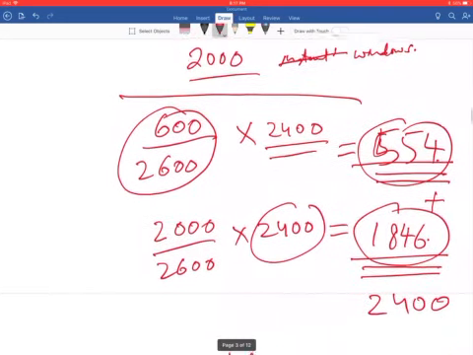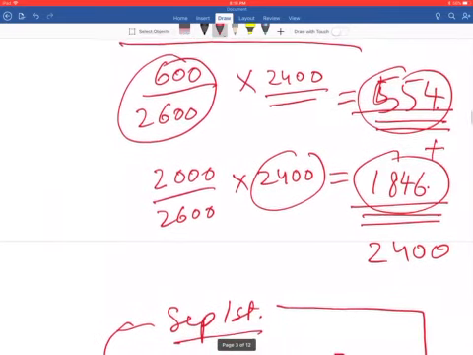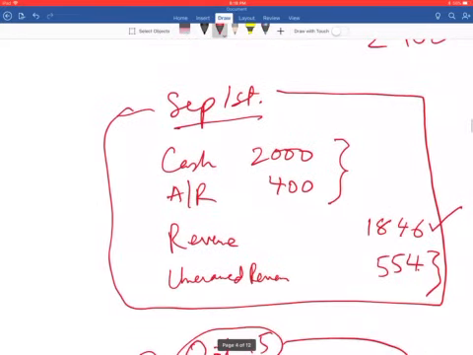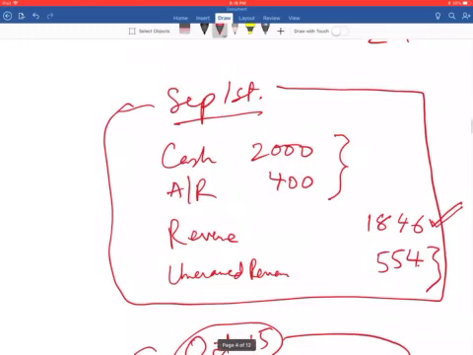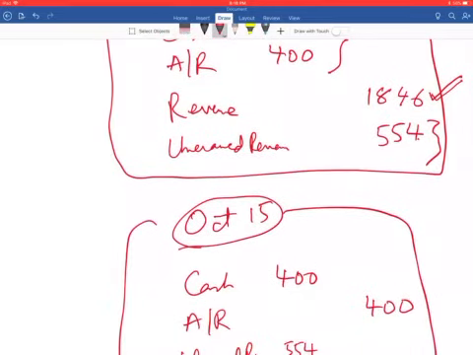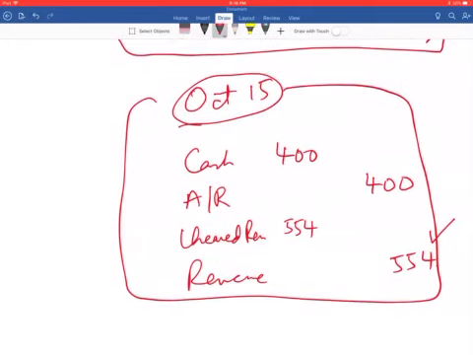So we allocate the transaction price based on standalone prices. When one obligation is done, we recognize that revenue of $1,846. We recognize the asset and liability for this contract at this point, and we do the same once we perform the second performance obligation.